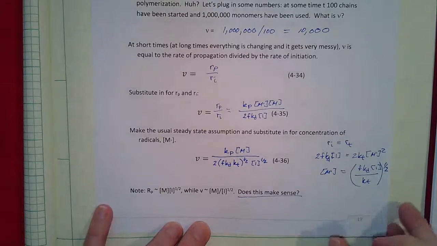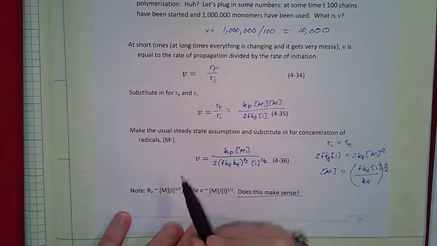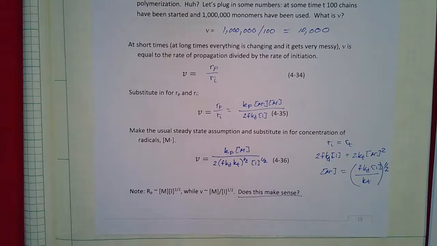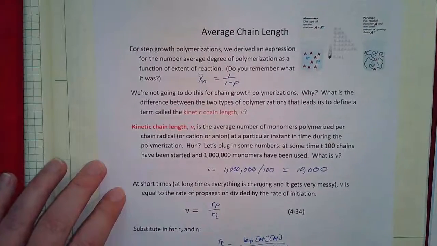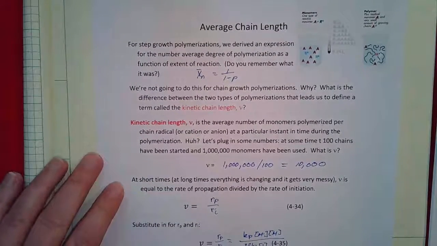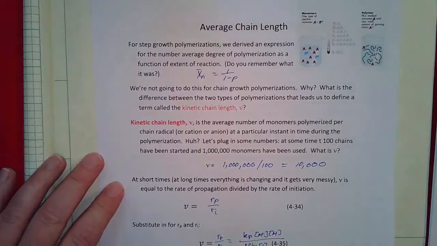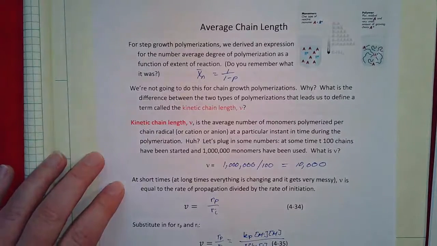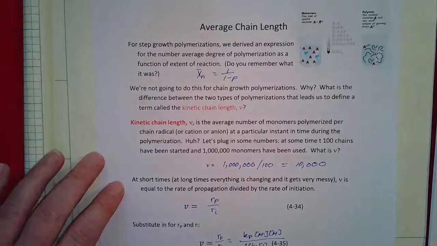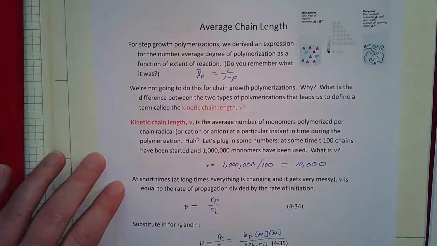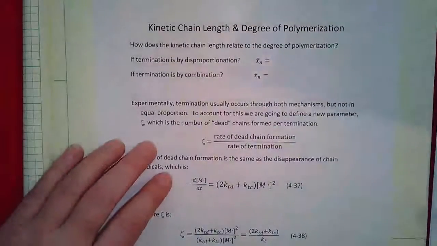Okay. Now, so we define this term, this kinetic chain length. And again, it's defined in terms of the average number of monomers polymerized per chain radical or anion or cation. Now, for free radical polymerizations, we have 2 termination mechanisms, and that impacts how the kinetic chain length relates to our number average degree of polymerization.